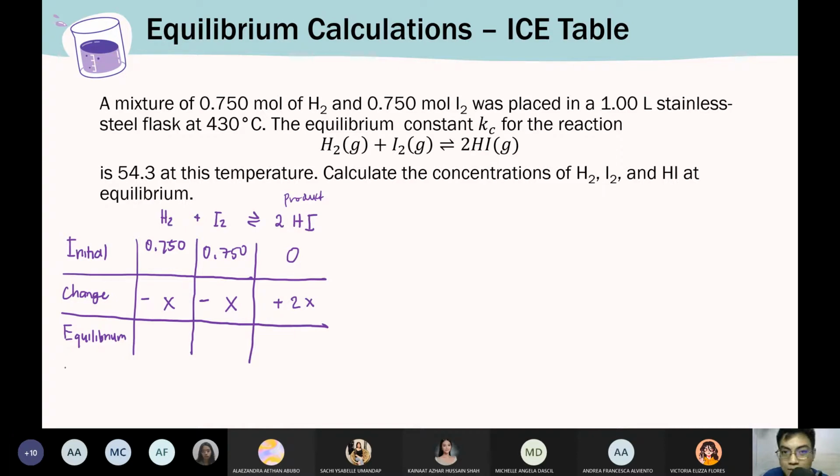And tama naman kayo ng sign siguro, no? So negative sa reactant, positive sa product. Kasi you don't have any product, so siya yung madadagdagan. Okay? And then for the equilibrium, ipag-add mo lang yung I pati C. So 0.75 minus X. This will be 2X.